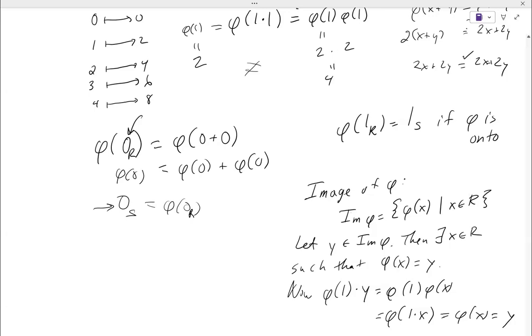Well, if it's onto, that means the identity had to get hit by something, right? And there's only one identity in any ring. There's only one multiplicative identity, period. So if it's onto, phi of 1 has to equal 1.